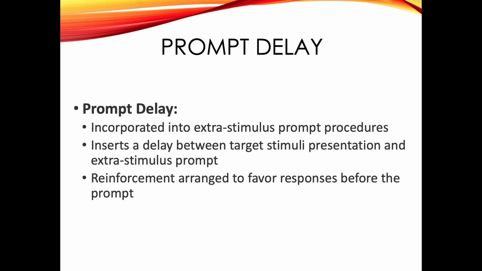So on initial trials, what I'm going to do is present my cards, A and B. I'm going to say touch A, and I'm going to point to A, again, to prompt the correct response. So let's just say I go through 10 trials of doing that. Put out the cards, touch A, and I point. Put out the cards, touch A, and I point to A. After so many trials of that, it's going to be 100% correct because I'm prompting the correct response.